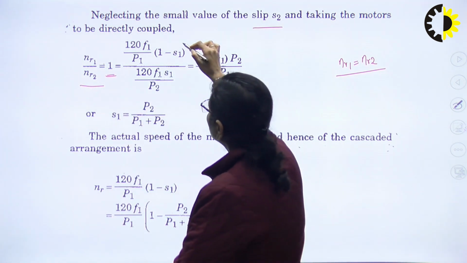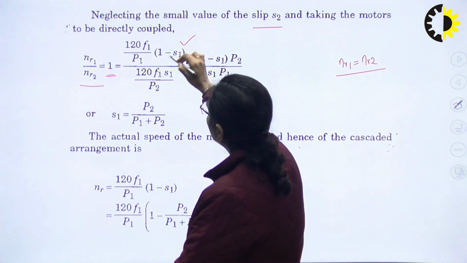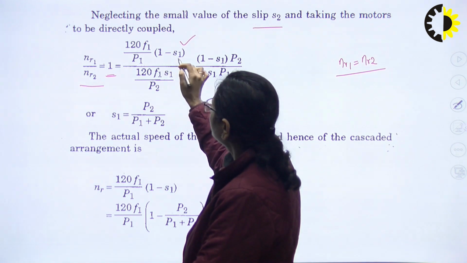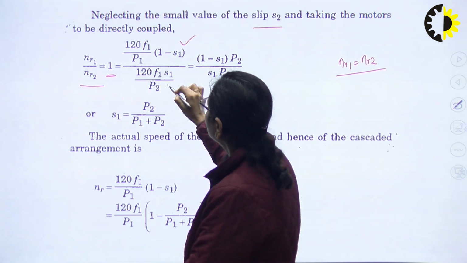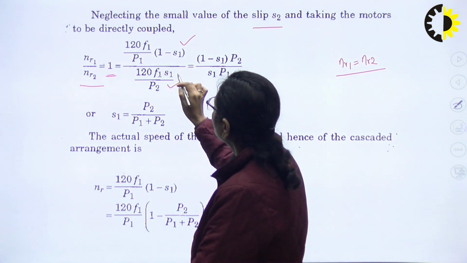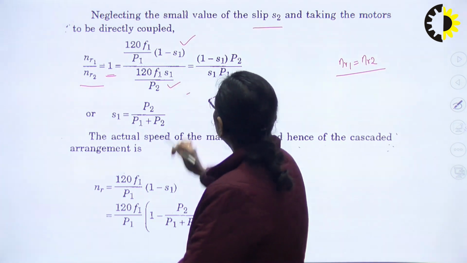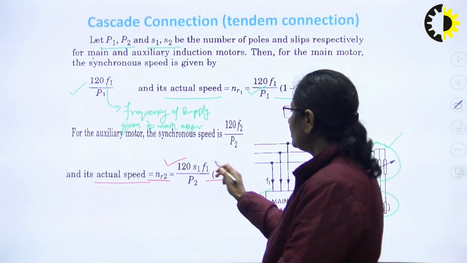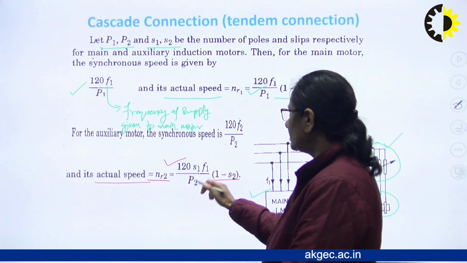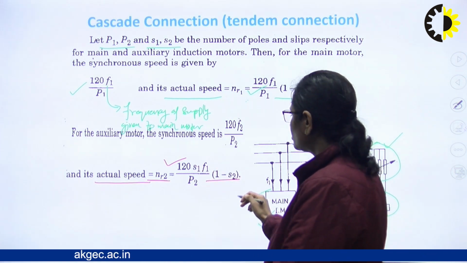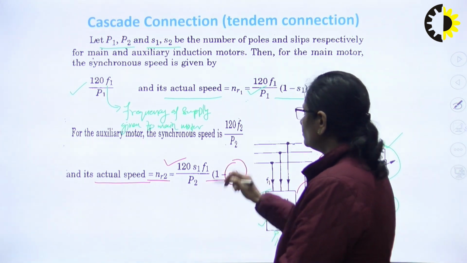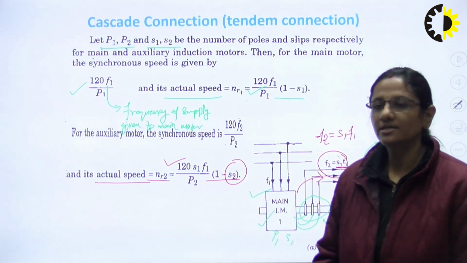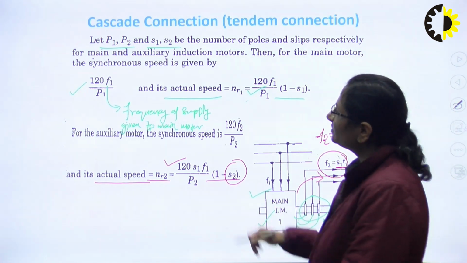We know the equation of NR1, so I have put NR1 as 120 F1 upon P1 into (1 minus S1) and NR2 as 120 F1 S1 upon P2. Why so? Because it was 120 S1 F1 upon P2 into (1 minus S2), and for simplification in the calculation, I have neglected the small operating slip S2.